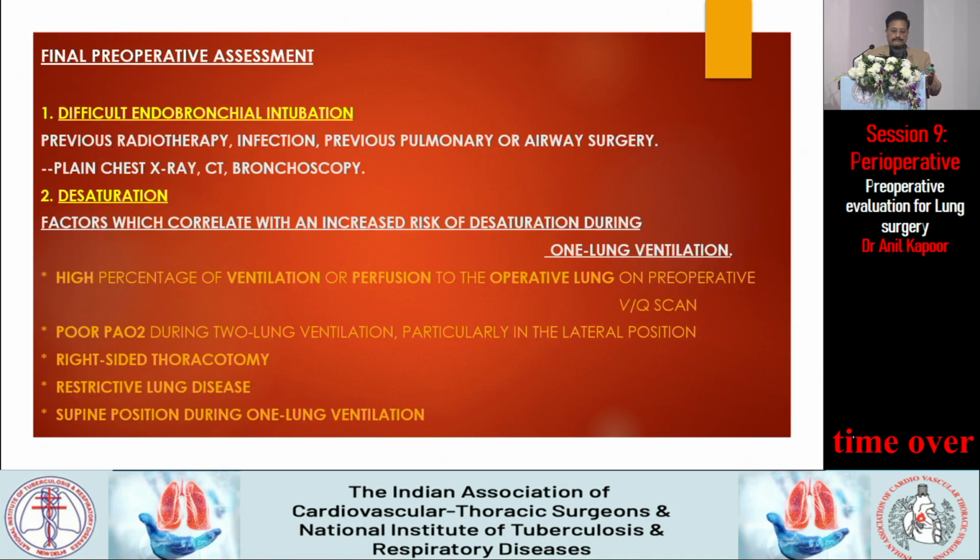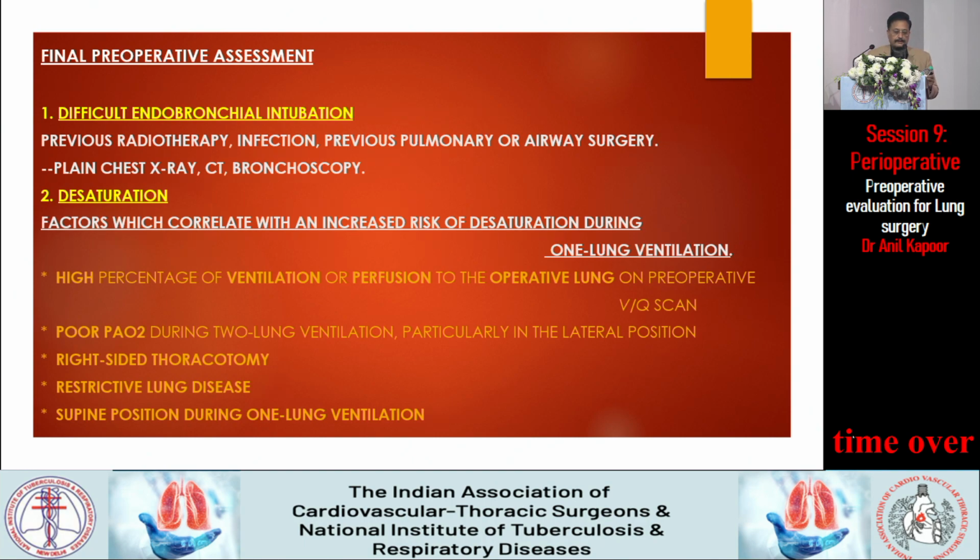Now comes the final preoperative assessment, which is done by anesthetists, and they consider two things mainly: the difficult endotracheal intubation, which can be diagnosed with the history of previous radiotherapy or previous pulmonary or airway surgery, plain X-ray chest, CT scan and bronchoscopy, which are very useful; and factors which can desaturate the patient during anesthesia.